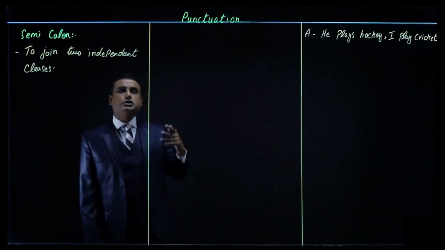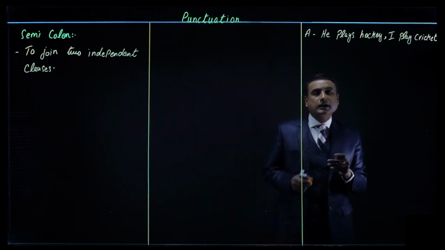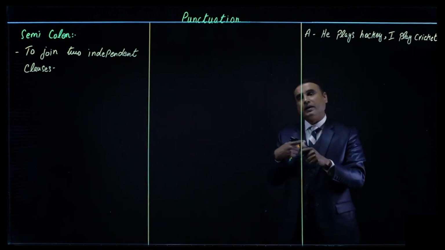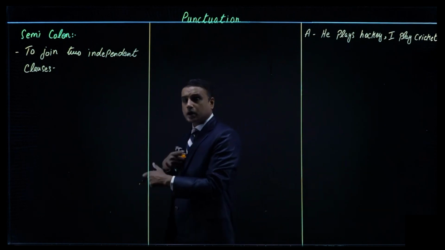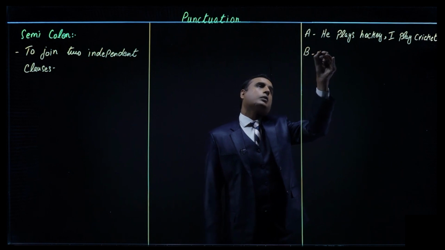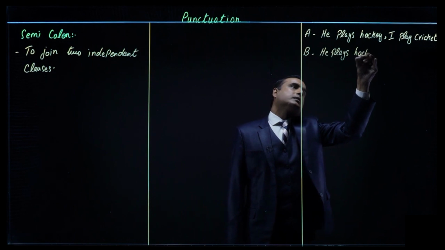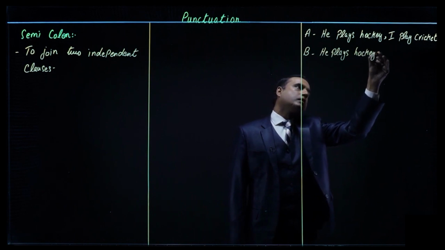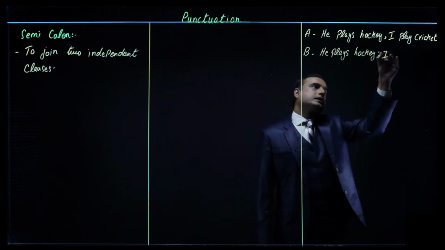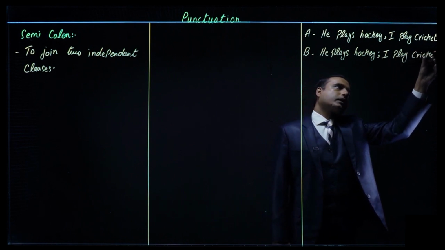They can be joined using conjunction. They can be separated by using full stop. But if we want to use them jointly without using any full stop or without using any conjunction, then the right option will be: he plays hockey, and instead of comma we'll use semicolon and say I play cricket.